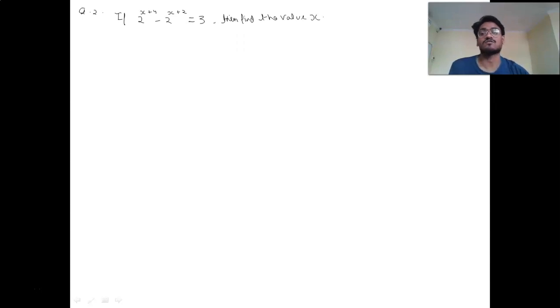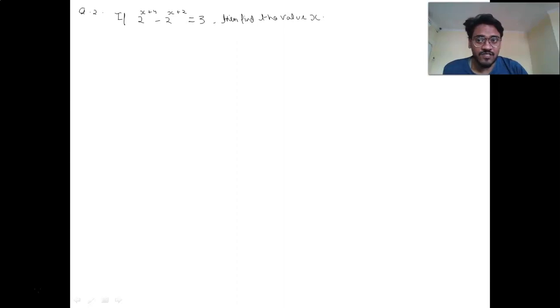Now see how do we solve this kind of question. See students, first of all what we do, we want to make the equation like in the right hand side and left hand side there should be the same base. Okay, there should be the same base. Now how we can do that? See how.